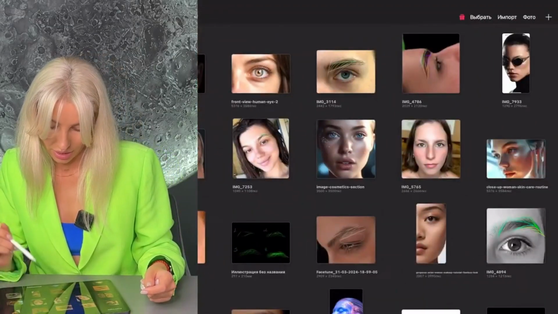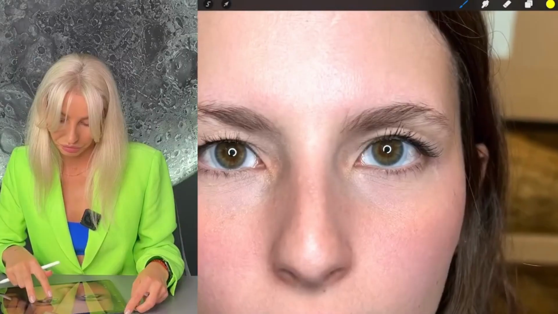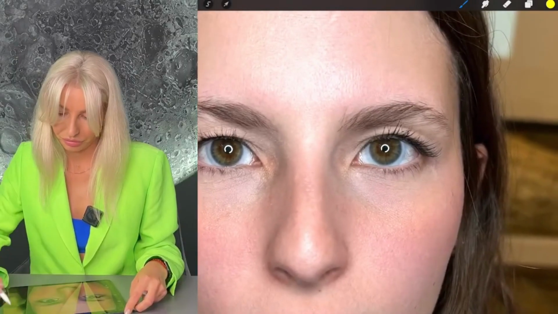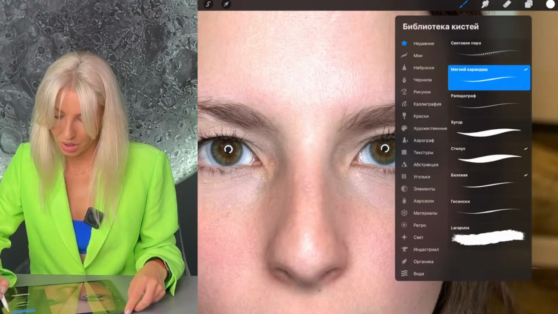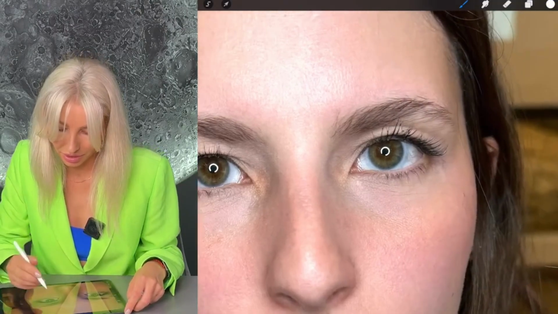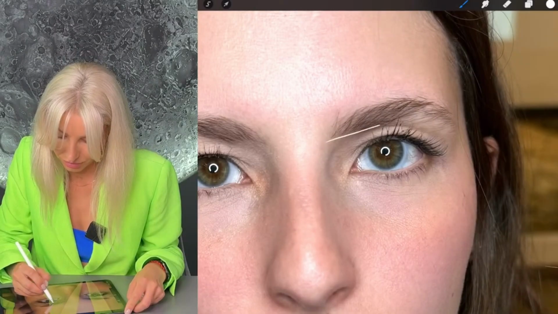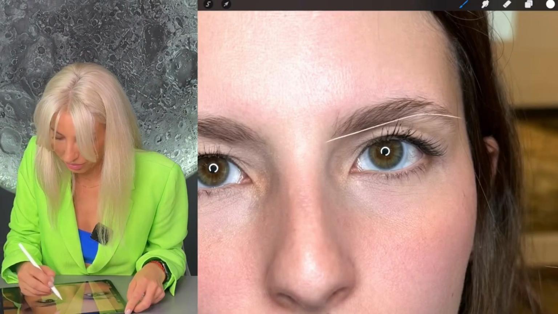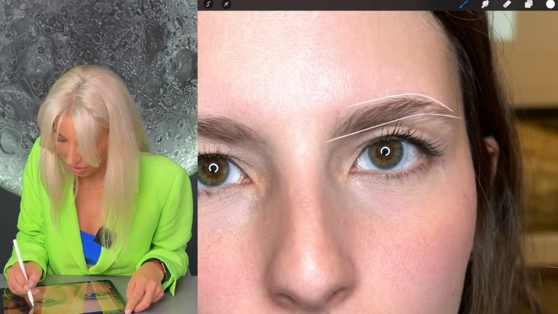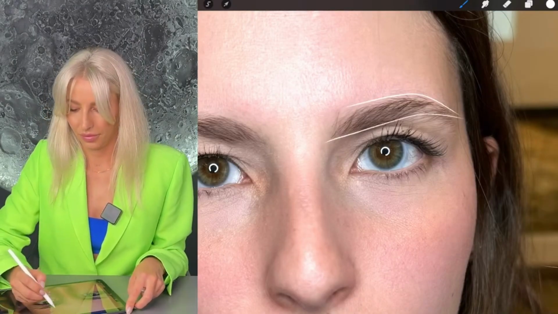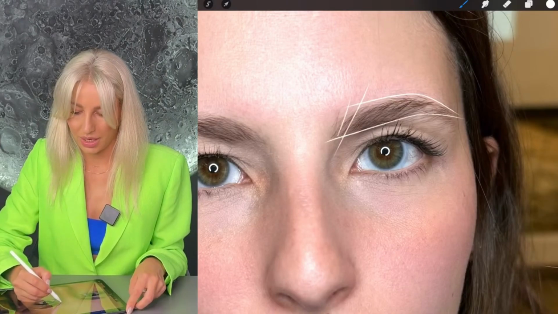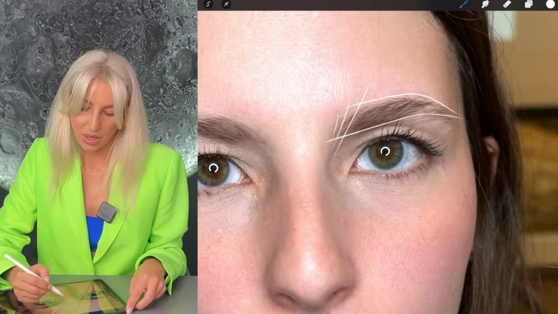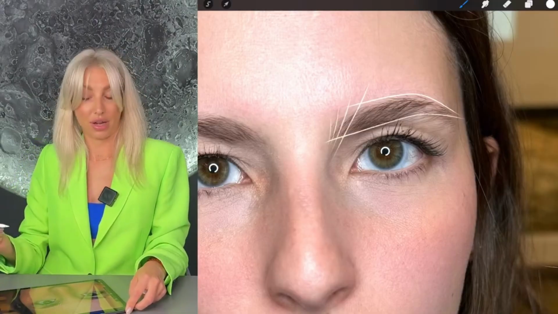Let's find, okay, this one is also a good one to find the guideline. Do you see the guideline here, girls? This is our shape, this is our beginning, and also pay attention to the direction.